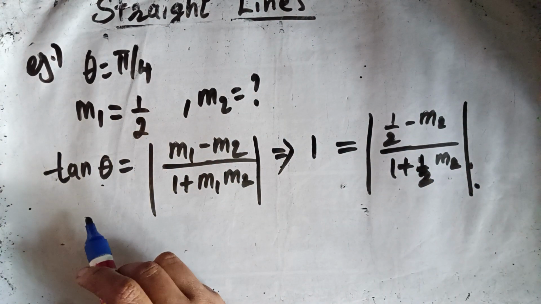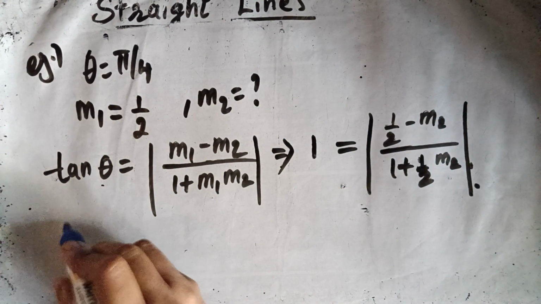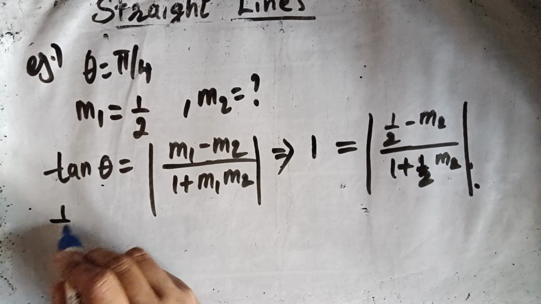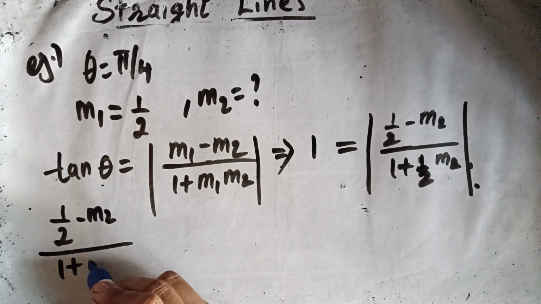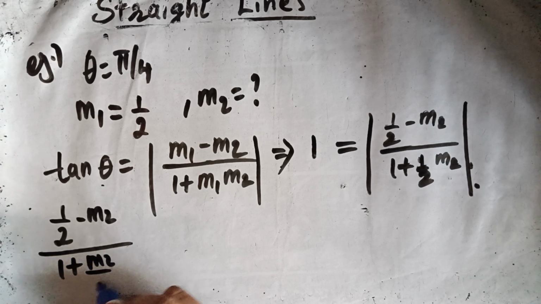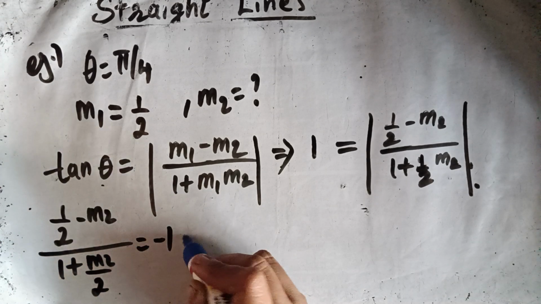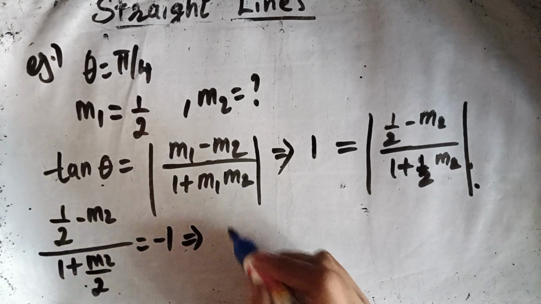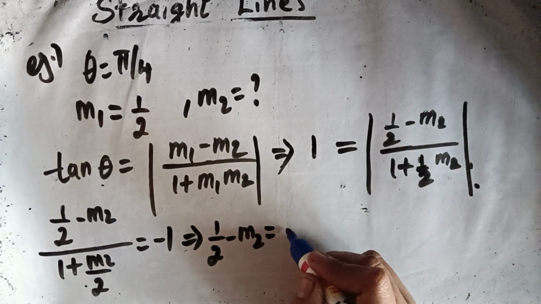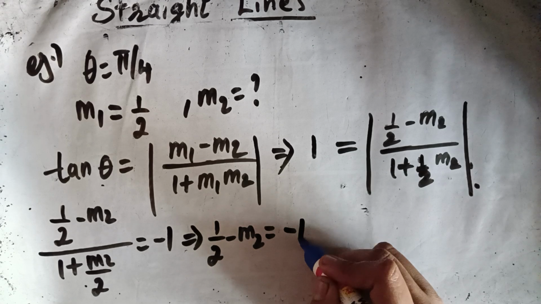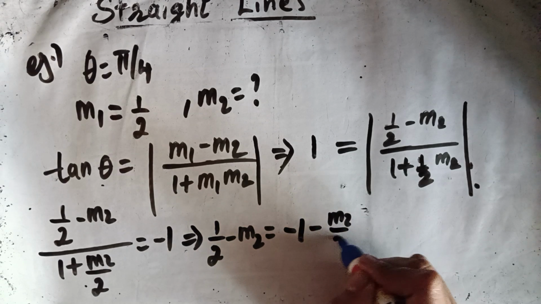If you take it equal to 1, this will be half minus m2 upon 1 plus m2 upon 2 equal to 1. Solving this, you have to multiply it here. So minus 1, m2 upon 2.